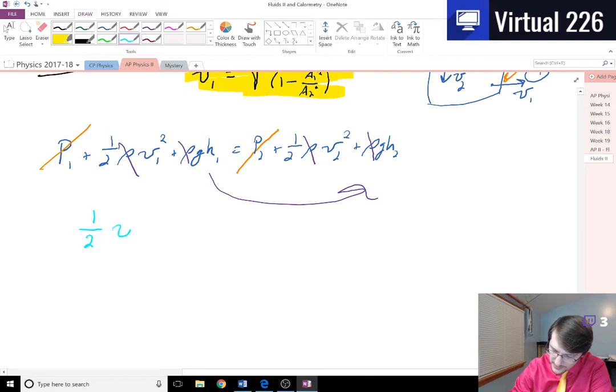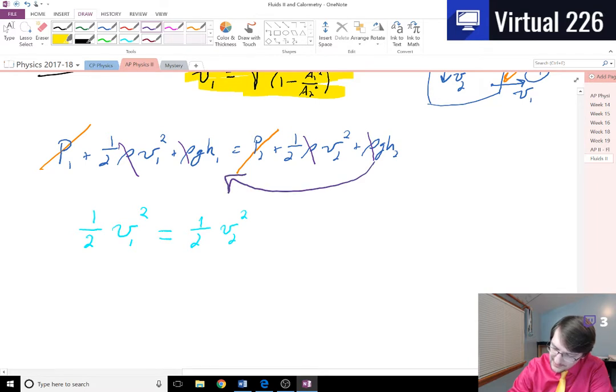We've got 1/2 V1 squared equals 1/2 V2 squared. And then, oh, you know what? It might be actually a little bit easier to tag this over. I think that's going to be easier there. Yeah, let's do that.